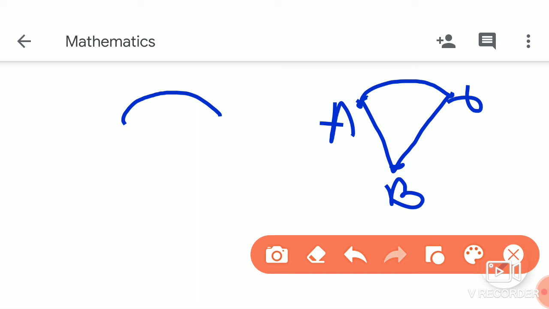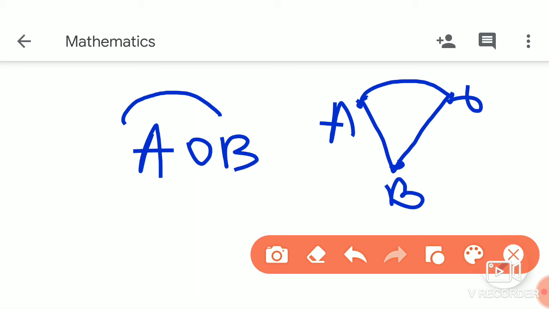So like this is an arc. I'm giving letters to its points: A, B, O. These are its 3 points. We can change the order of the letters, but we can't change the position of the symbol.